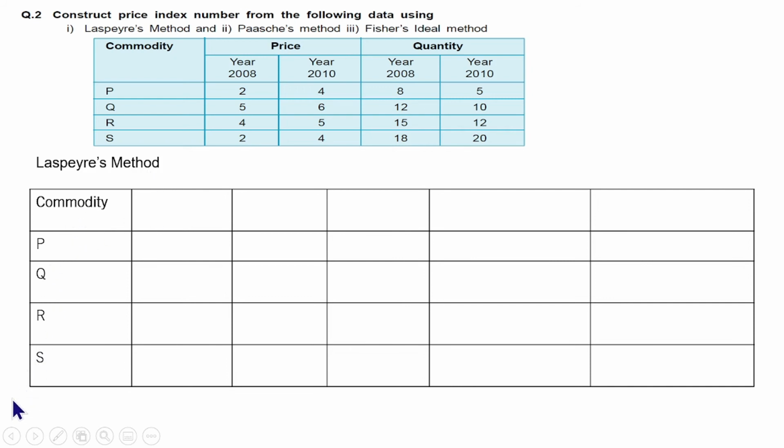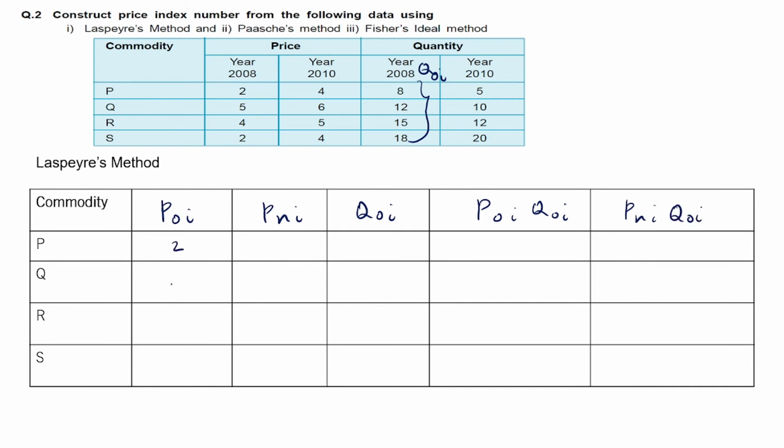Here we have the commodities P, Q, R and S. In Laspeyre's method we have to use the base period quantity, that is Q naught I. So here we have P naught I, PnI and Q naught I. P naught I is 2, 5, 4 and 2.